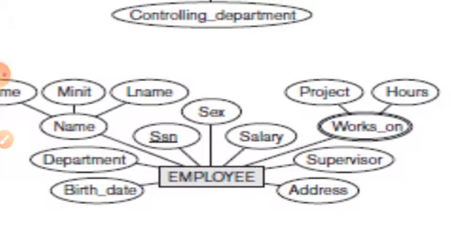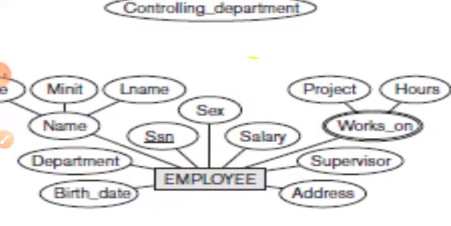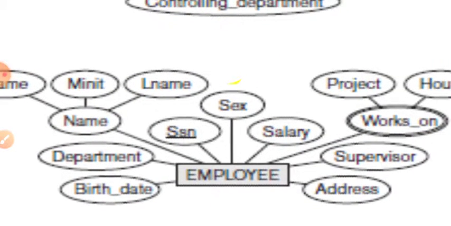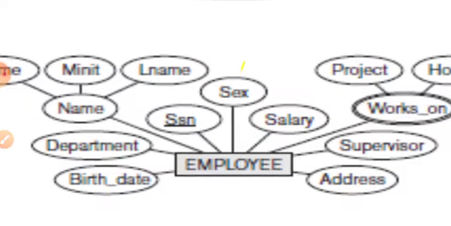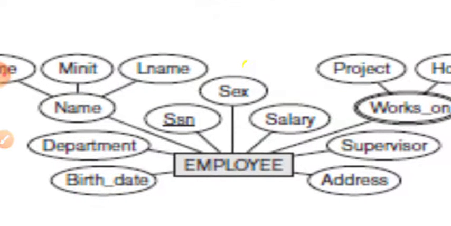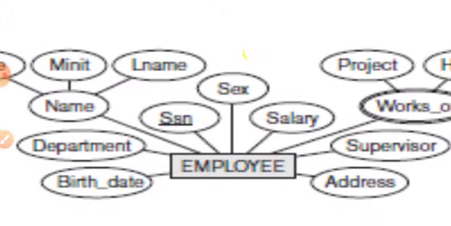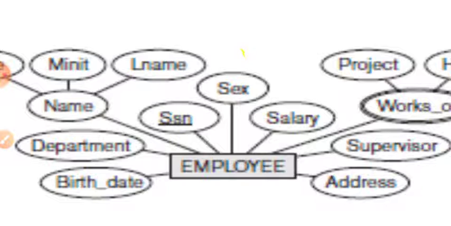Next we shall take up employee. The employee entity has attributes like name, SSN, sex, salary, works on, supervisor, address, birth date, and department. Out of this, SSN, that is social security number, is a prime attribute.